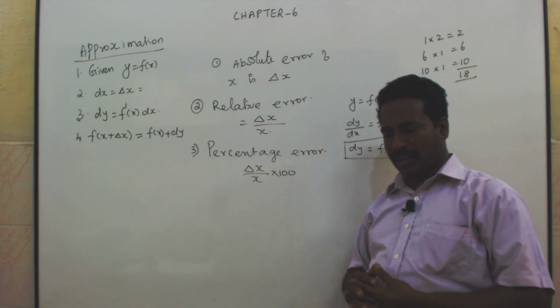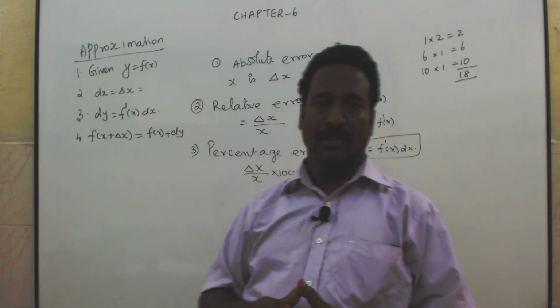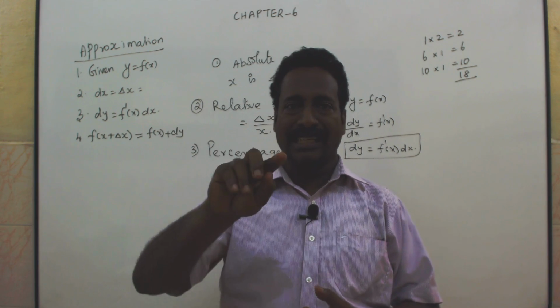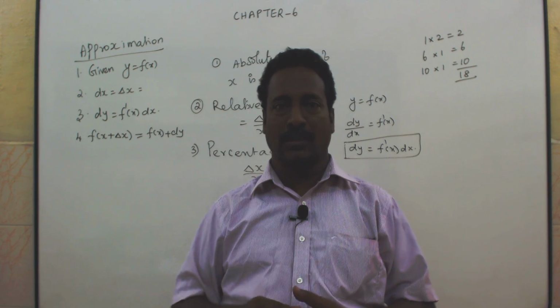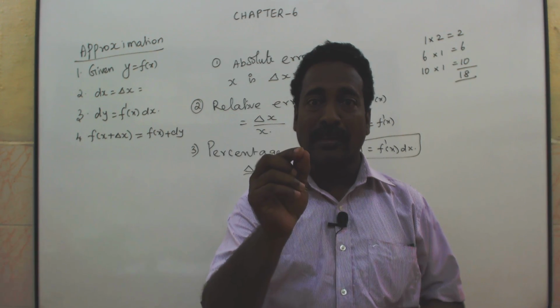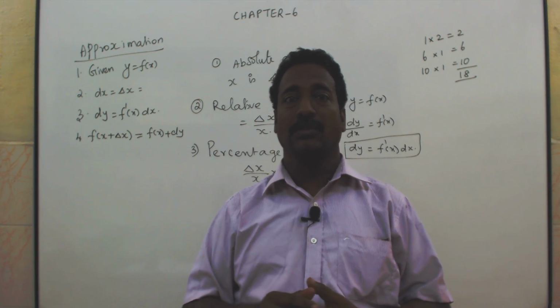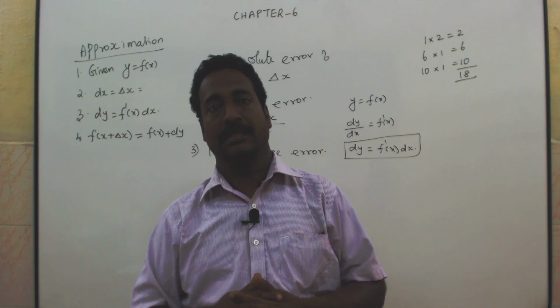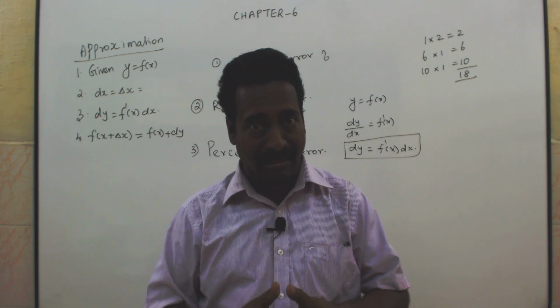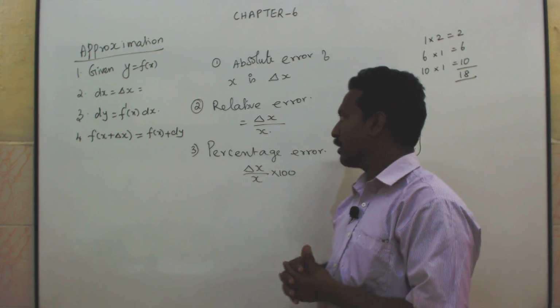For example, if you measure any length 2.6 to 2.61, it increases from 2.6 to 2.61, which means error in x is 0.01. 2.61 minus 2.6, that is 0.01, that is called delta x, that is called absolute error.